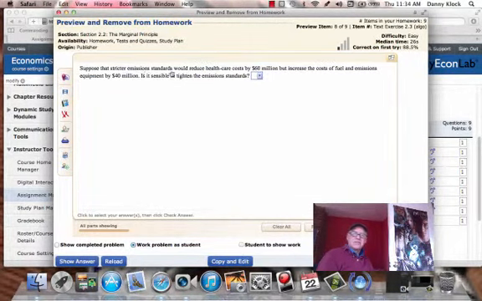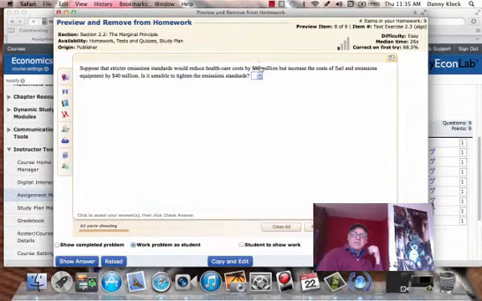Suppose stricter admission standards would reduce healthcare costs by $60 million, right? And again, this is what happened in the 1970s when there used to be lead in gasoline, and lead is one of the most toxic things there is. So it really was a toll on the health cost of the country.